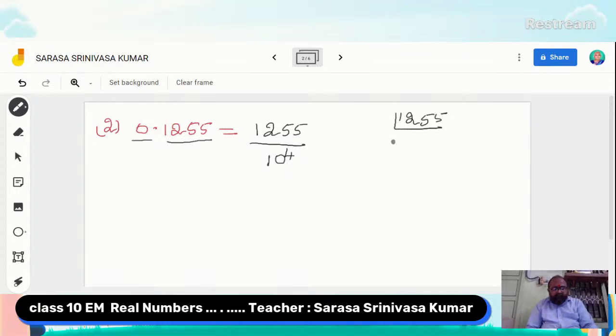To find prime factors for 1255, we divide first by 5. So we get 251. 251 is a prime number.